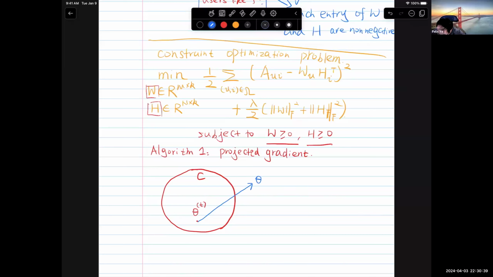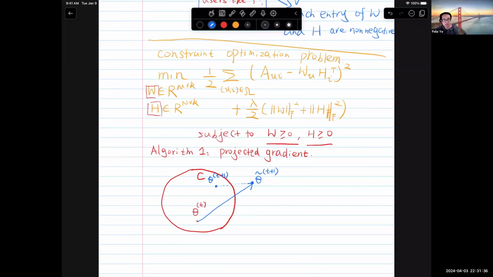So I'm going to project it back, projecting theta onto the constraint domain to get theta t plus 1, which satisfies the constraint.